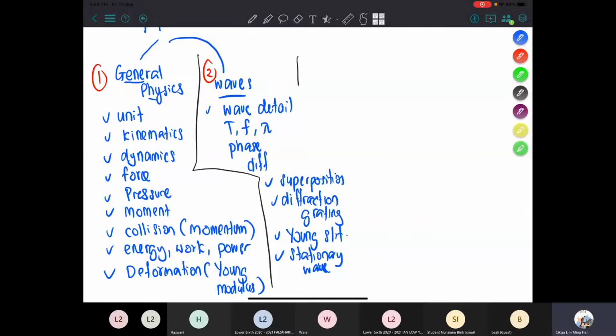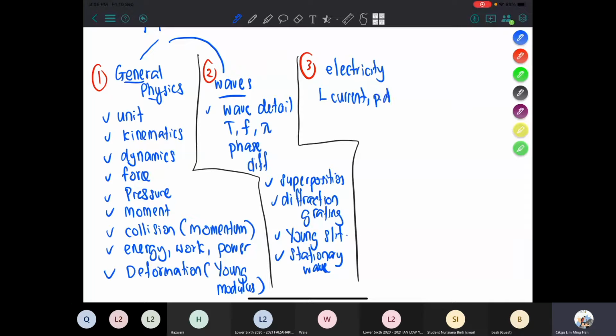The third one, sorry, it's a bit messy here. I don't know why they do it like this. The fourth one: after we study waves, we study electricity. In this one we study the current, the PD, the EMF, and Kirchhoff's law.